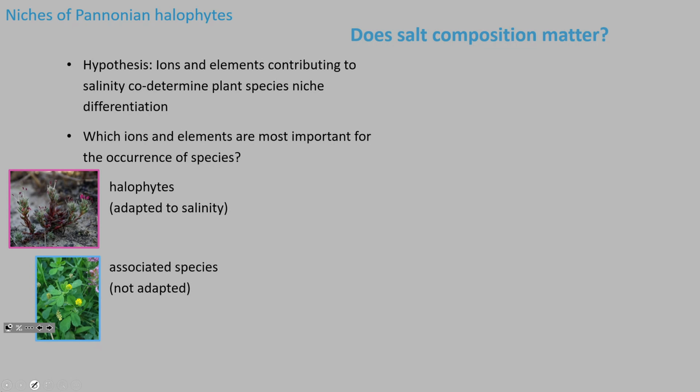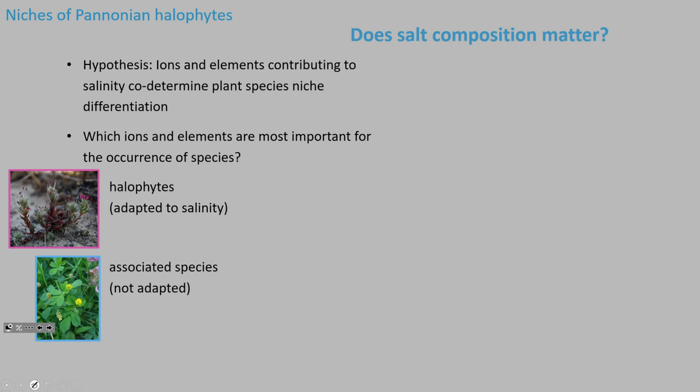And next to the question if salt composition matters at all, we came up with some more scientifically driven hypotheses. So we stated that ions and elements that contribute to salinity also co-determine plant species niche differentiation. So in this project I went from vegetation patterns towards patterns in single species.